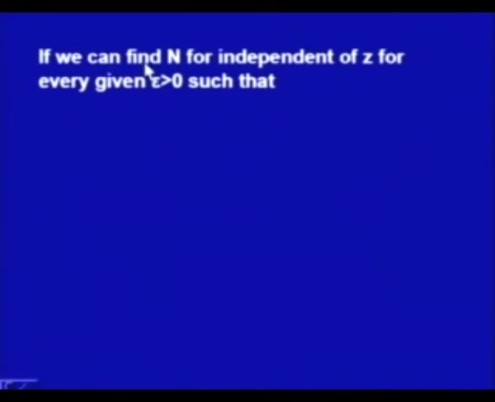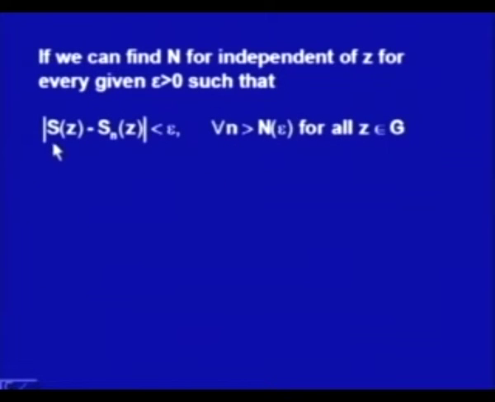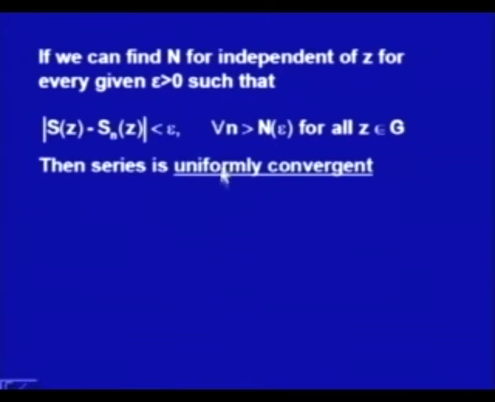However, if we can find capital N which is independent of z for every given epsilon greater than 0, such that the modulus of the difference between S(z) and S_n(z) is less than epsilon for all n greater than N, where N is a function of epsilon only, then we say that the series is uniformly convergent.